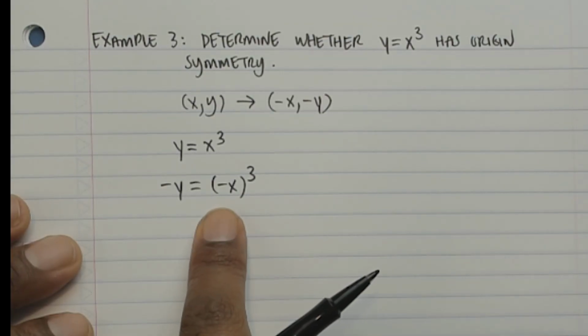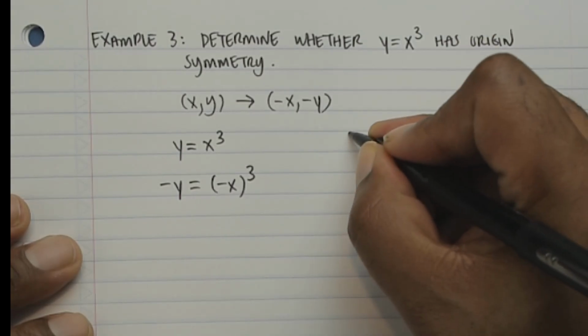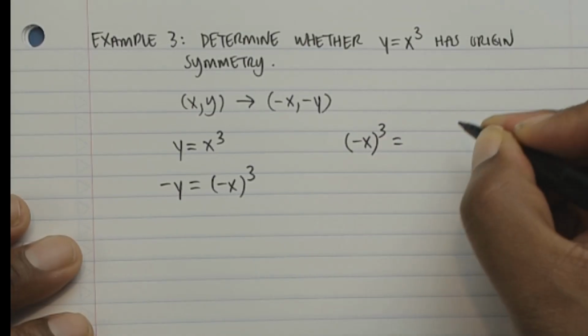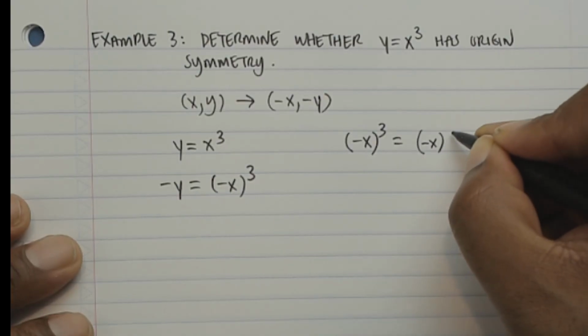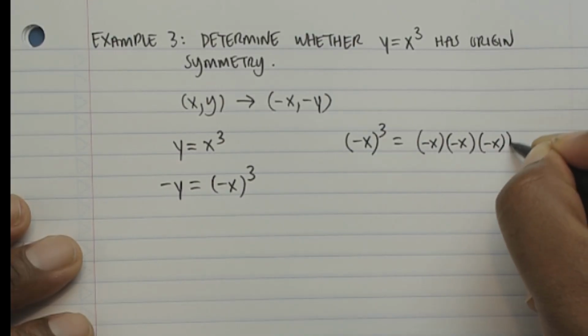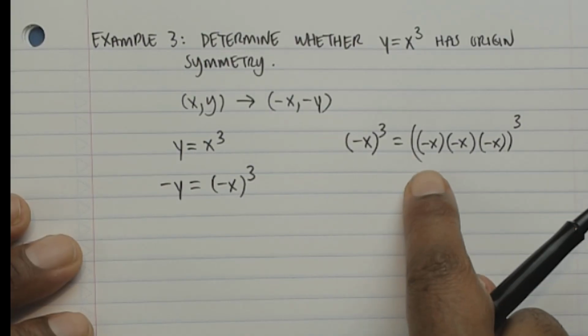So again, we have a cube over here. This negative x cubed is the same as negative x, negative x, negative x. So we have three negatives.